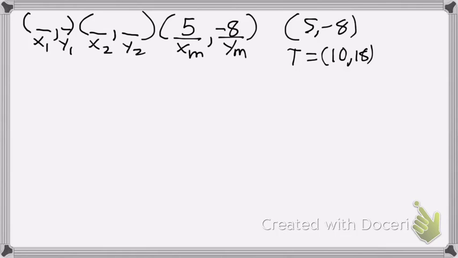So we are given one of the endpoints, t, let's call that x1 over here. So we have 10 and 18. And if you notice, we're missing one set of variables, which is good. If we were missing 2 or more, we'd be in trouble. We're only missing one, good thing.